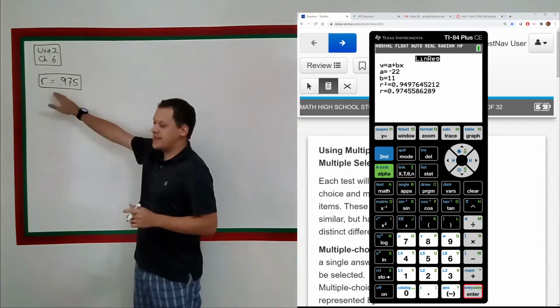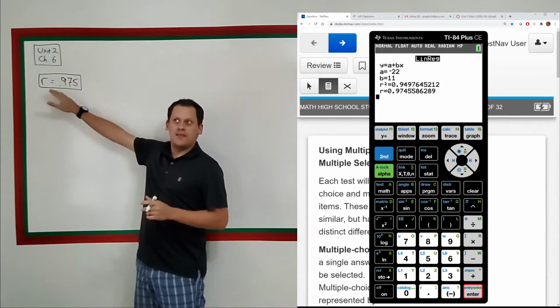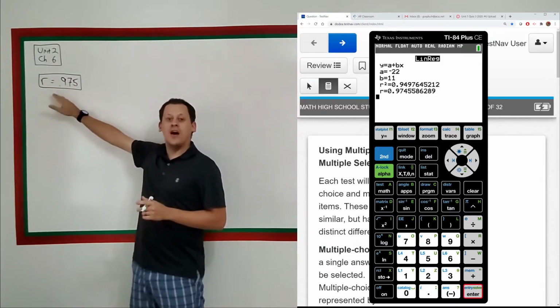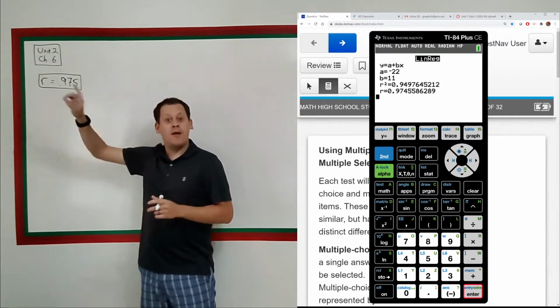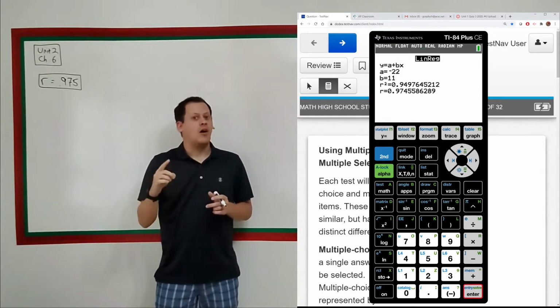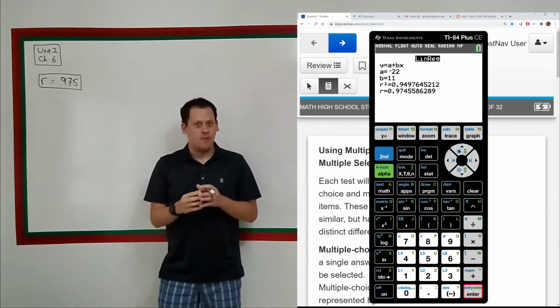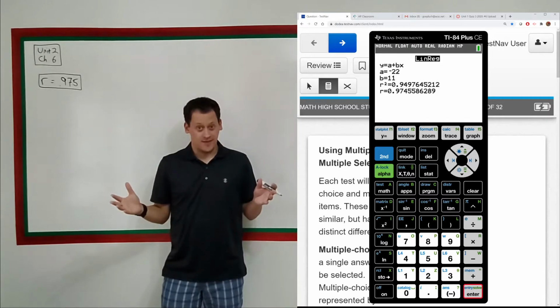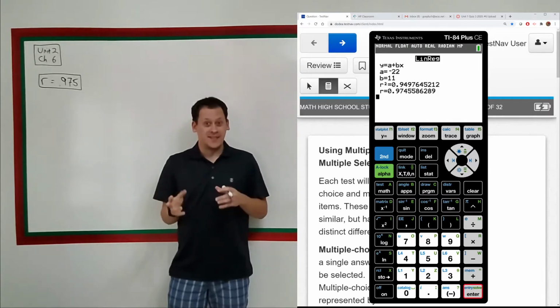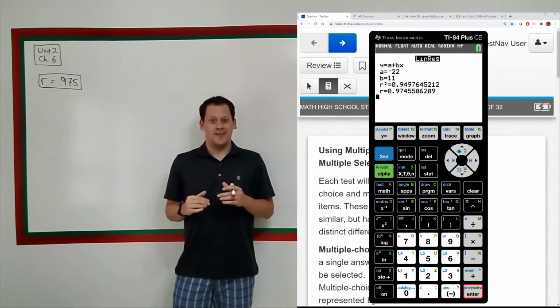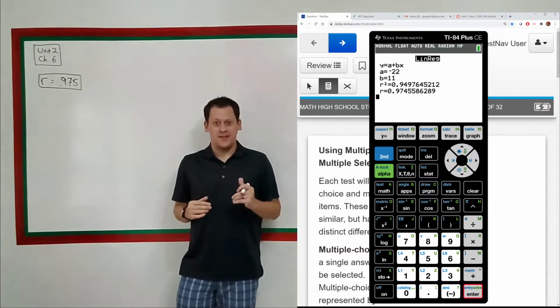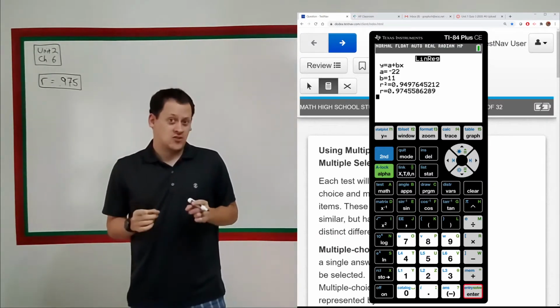R is interpreted as the strength and direction of a linear relationship. But R can be calculated no matter what the relationship looks like. You may have noticed something as you were typing in those numbers. X was the numbers 1 through 10. Y was x squared.